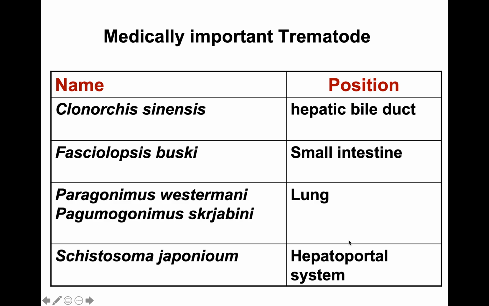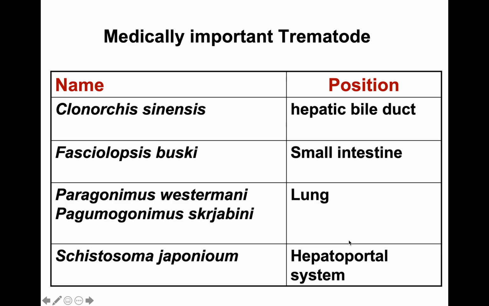The first one is Clonorchis sinensis. It is a very tiny fluke, and it likes to live in the liver and the hepatic bile duct. So this one is called the liver fluke. The next one is Fasciolopsis buski. It lives in the small intestine, so it's also called the intestinal fluke.